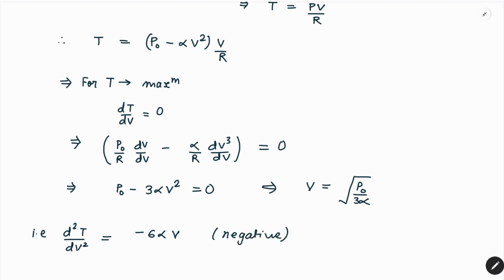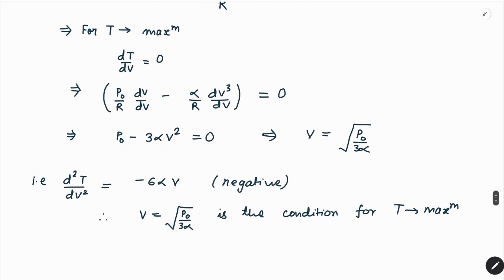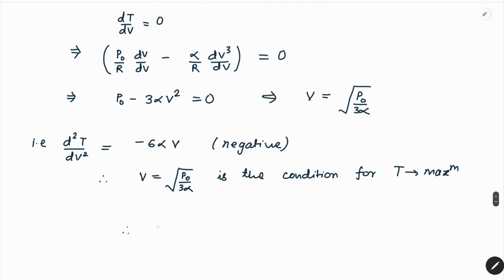Hence, V equals root over P naught by 3 alpha is the condition for temperature to be maximum, and hence if we put this value over here, then we get the maximum temperature condition.